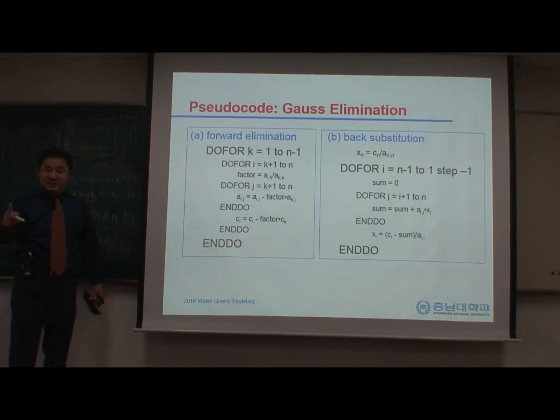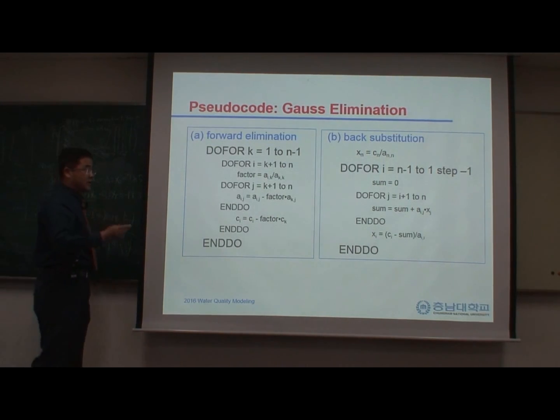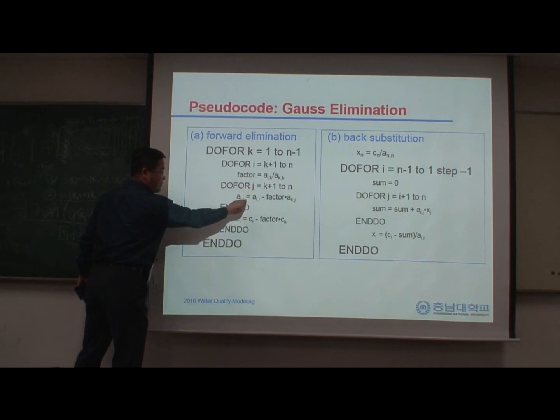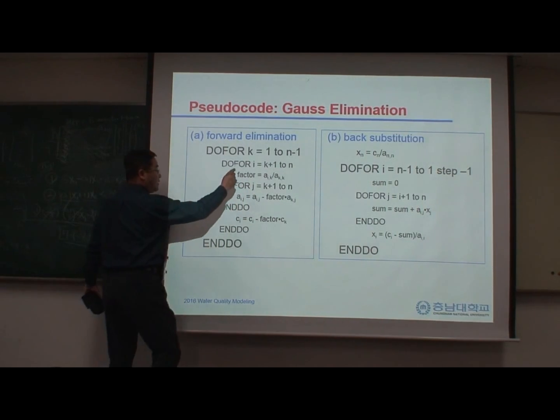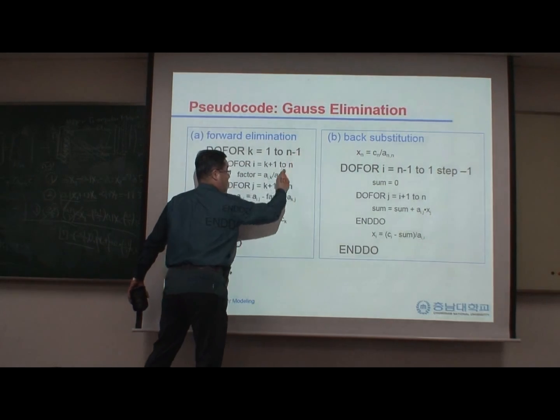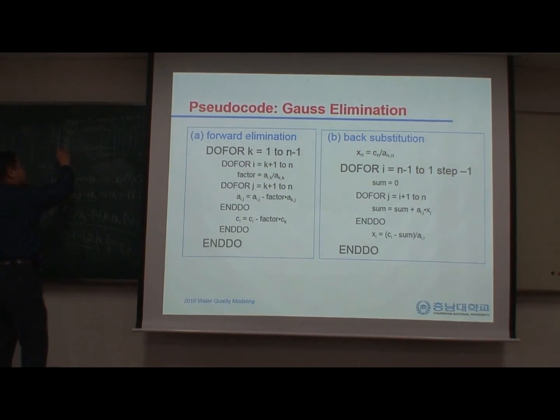So wake up. Listen carefully. You have to understand what's going on, and I will ask you, what is that? Why do I have to calculate n minus 1 times? Because I have n minus 1 lines in there.